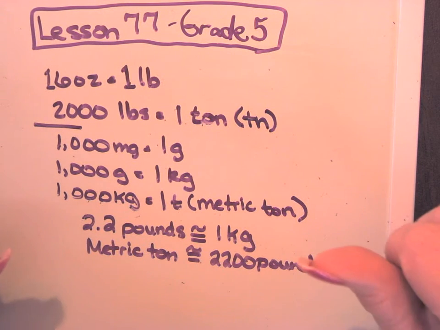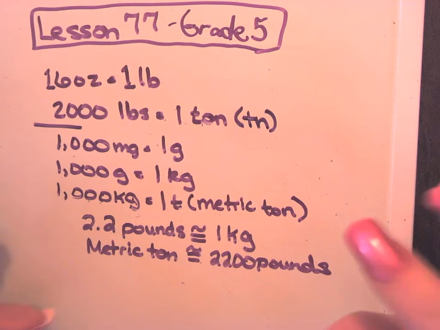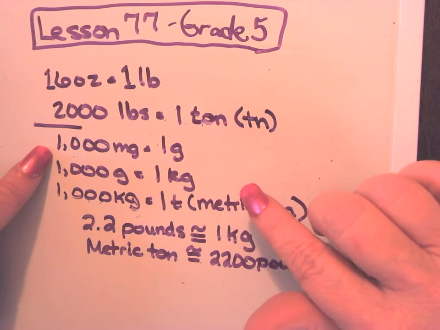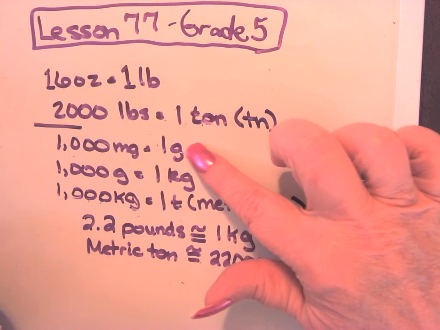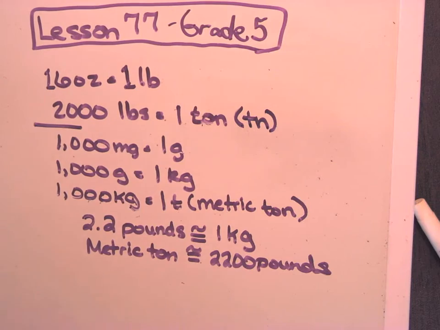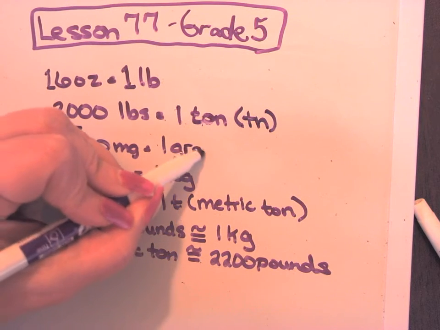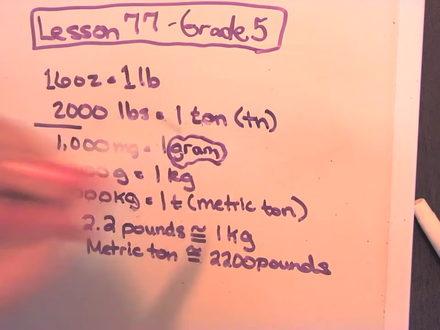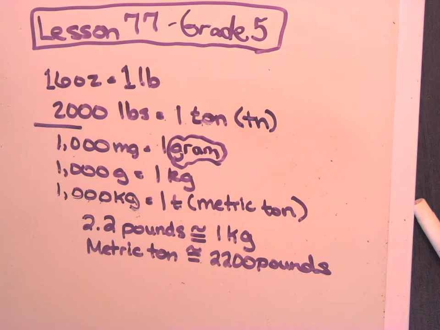And so we're going to take a look at these, try and kind of come into our heads, what does that look like? Okay, so we have 1,000 milligrams equals 1 gram. The basic unit for measurement is the gram. Okay, so it's the gram. Everything that they have in the metric system revolves around that gram.